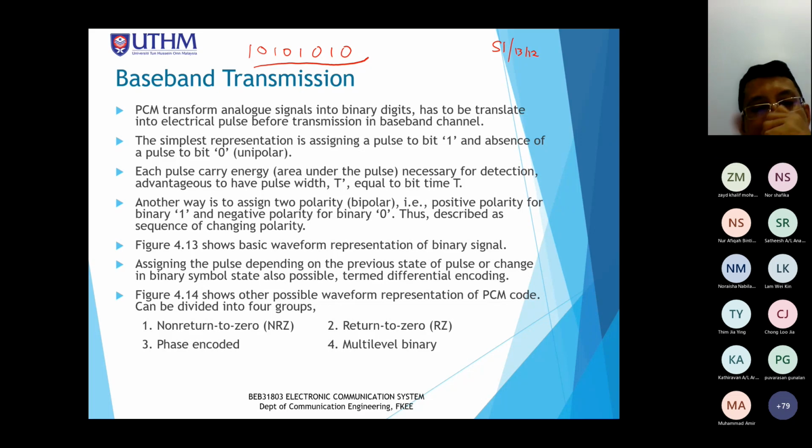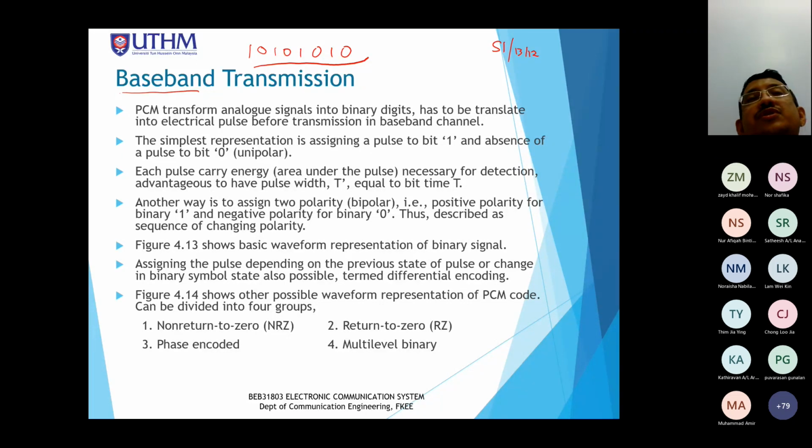One of the methods is to use baseband transmission. The word baseband here means that we are using the original frequency of the input signal. We are not going to translate the frequency into radio frequency, and this process does not involve modulation with an analog carrier.